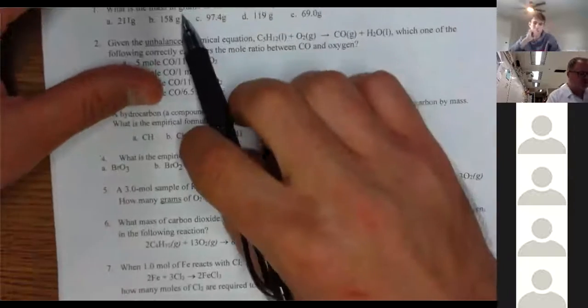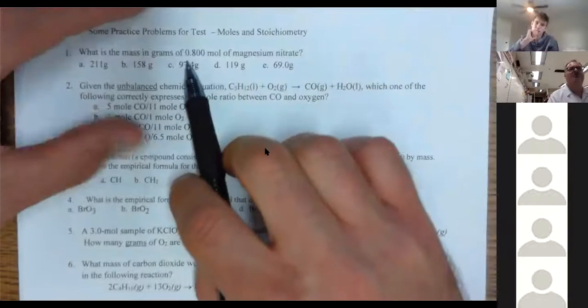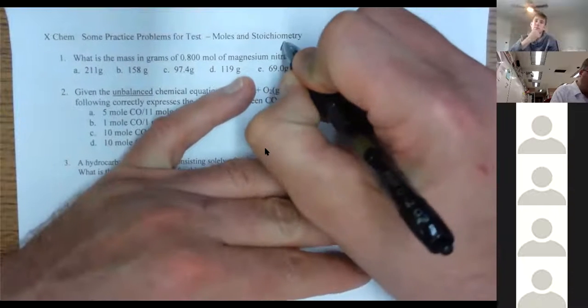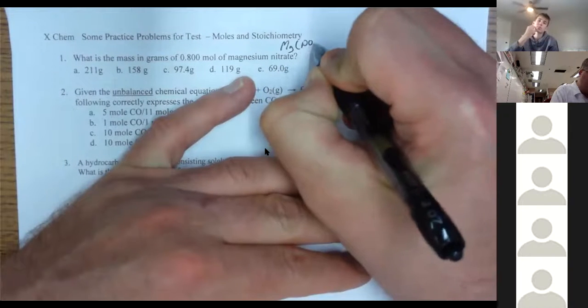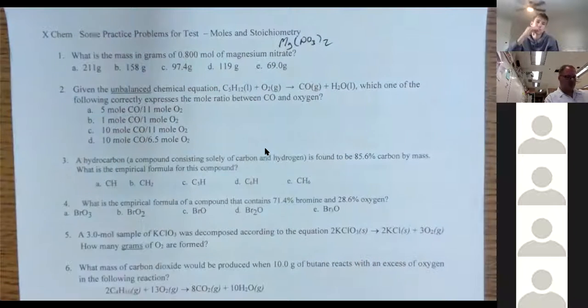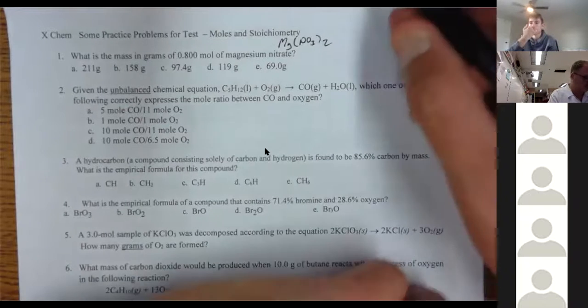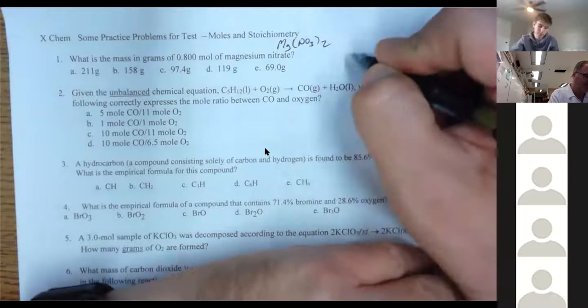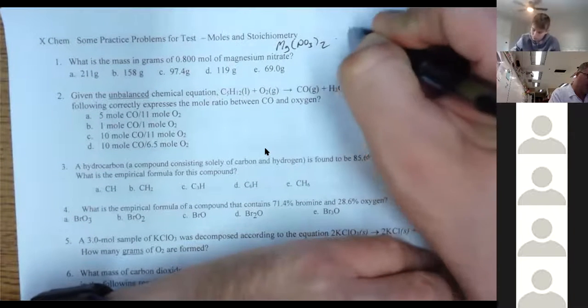All right, let's do a few of these. What is the mass of 0.800 moles of magnesium nitrate? The first thing you need to know how to do for this is to be able to write magnesium nitrate, Mg(NO3)2. Then 6 times 16 plus 14.01 times 2 plus 24.31. The answer is 148.33.